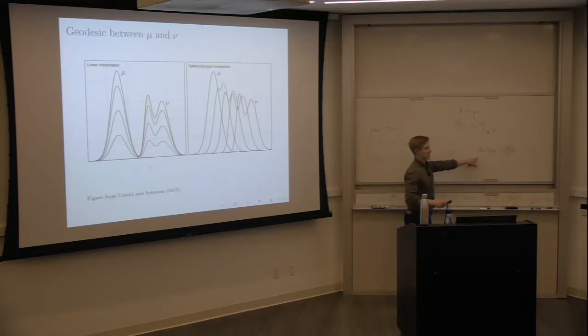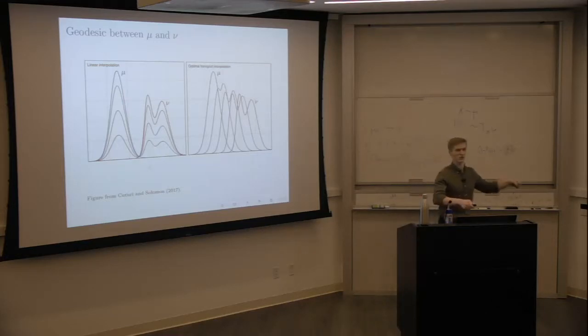This is the density for a small value of lambda, and then as lambda increases and goes to 1, you get this function here. So these are mixtures of mu and nu for different mixture components.